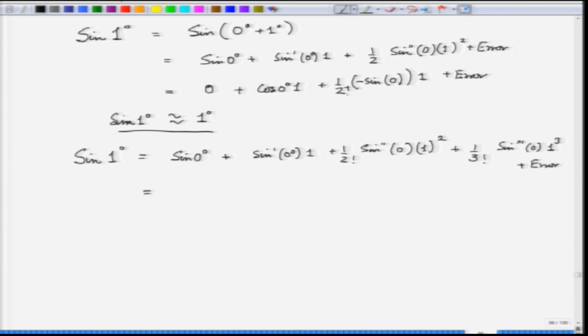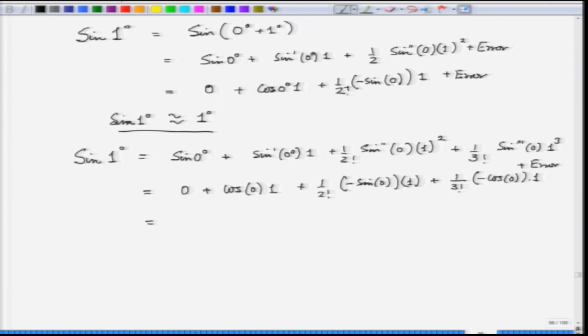So, it is now sine 0 plus cos 0 into 1, plus 1 by 2 factorial into minus sine of 0, plus 1 by 3 factorial, which is 1 by 6, into cosine. Now, it is minus of sine theta. Now, you take a derivative again, it will become cos theta. So, minus of cos of 0 into 1.